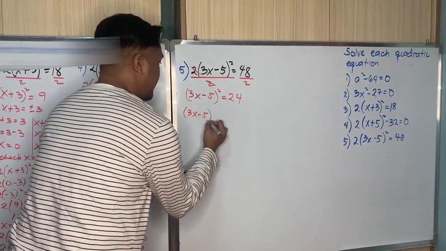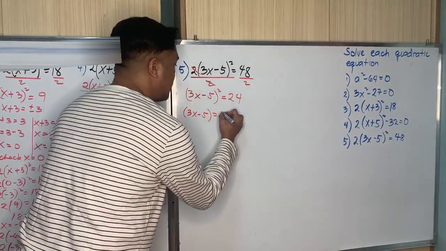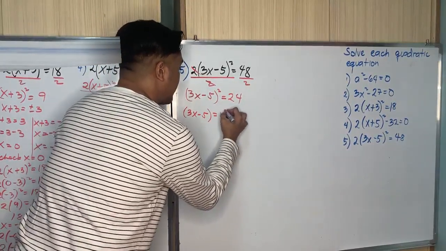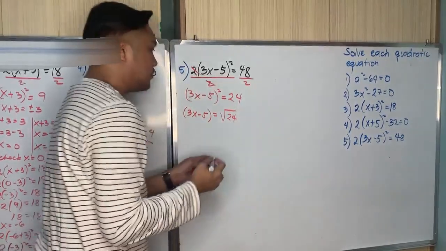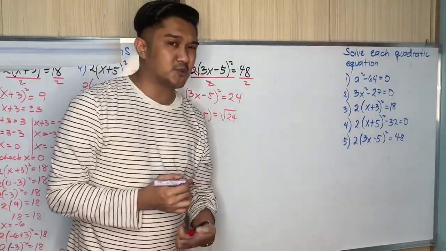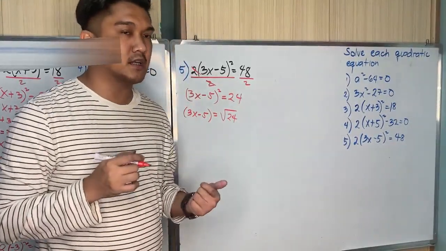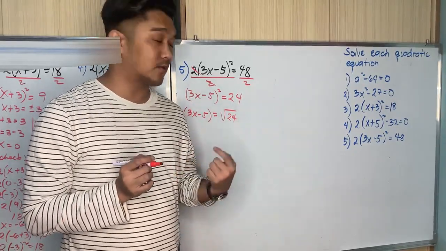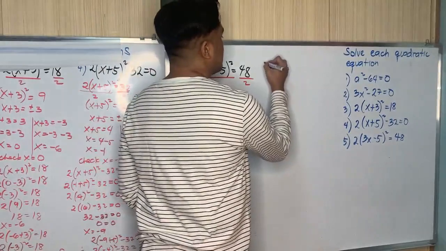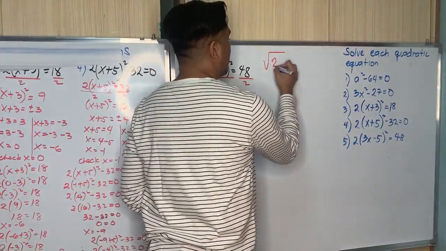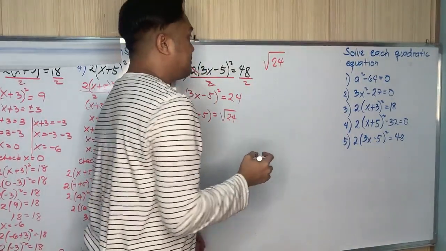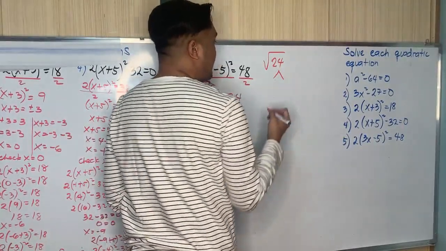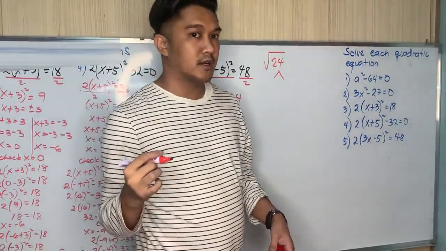3x minus 5 is equal to the square root of 24. Ngayon, hindi kasi perfect square ang 24. So, kailangan natin i-factor yung 24 na merong isang perfect square factor. Ano yung factors ng 24?